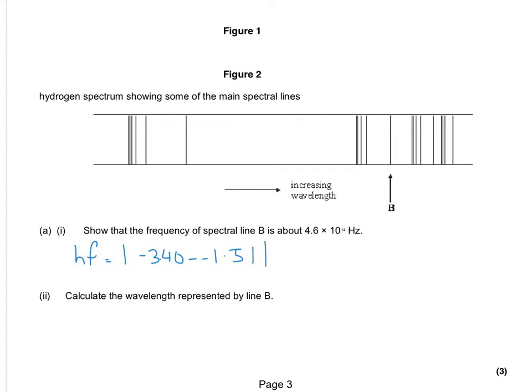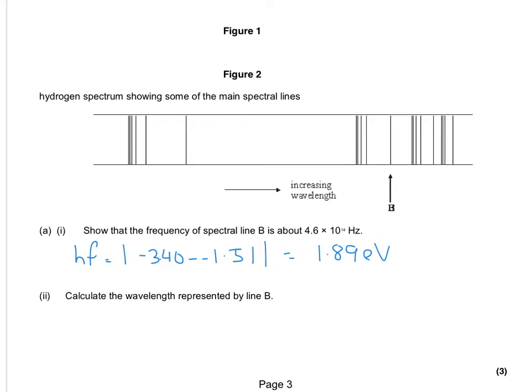So when we take the magnitude of it, like you can see here, what that's showing you is the amount of energy the photon has gained. If we do that calculation, you get 1.89 electron volts of energy.